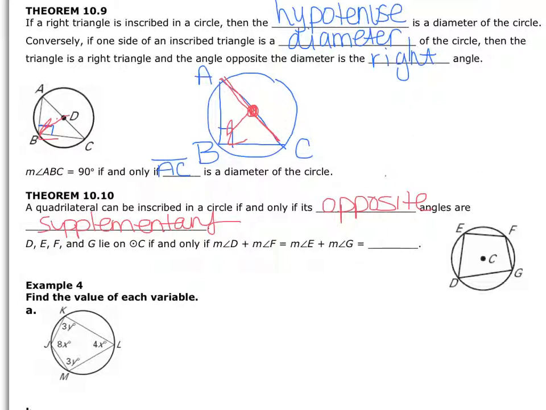So basically, the only way you can put a circle around this quadrilateral is if you know that the measure of D plus F is equal to 180 and that the measure of E plus G is equal to 180. Because remember, inside of every quadrilateral is 360 degrees. So here you're going to be adding the opposite angles to make sure they add up to 180.